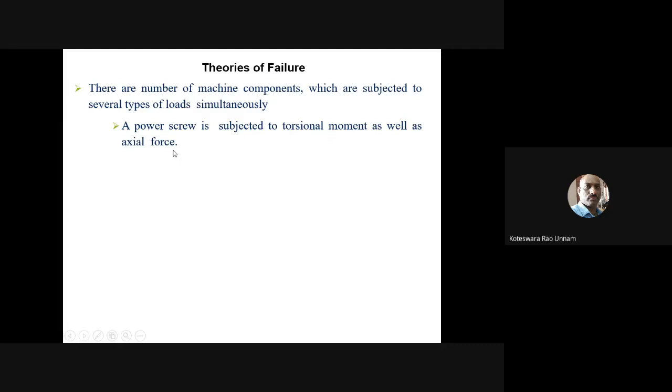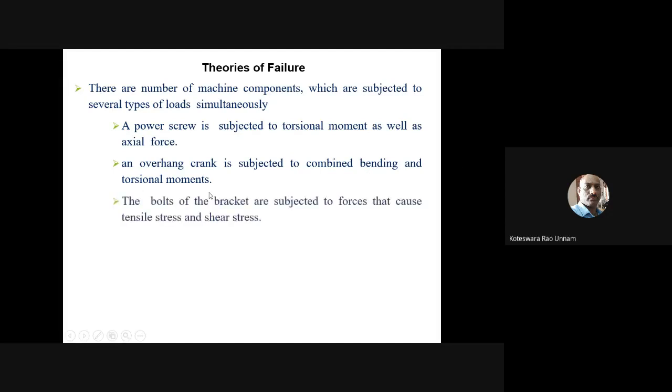This kind of situation we call a complex state of stress in the component. Similarly, an overhang crank is subjected to both bending moment and twisting moment. Because of bending there is a bending stress, which is a normal stress, and because of twisting there is a shear stress. Similarly, bolts used to fix a bracket are subjected to both tensile and shear stresses.